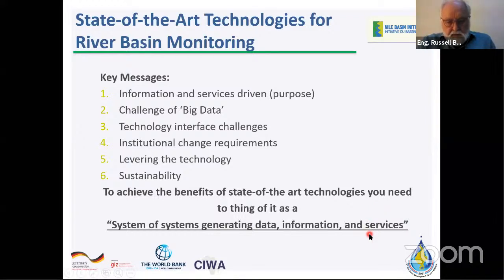So it's more than just talking about what widget should I use or what is the best widget that's out there. It's a multi-dimensional focus that needs to be taken to ensure that you have proper deployment of the technologies that you select, and to be able to generate the services and information that you expect from our regional basin monitoring program.